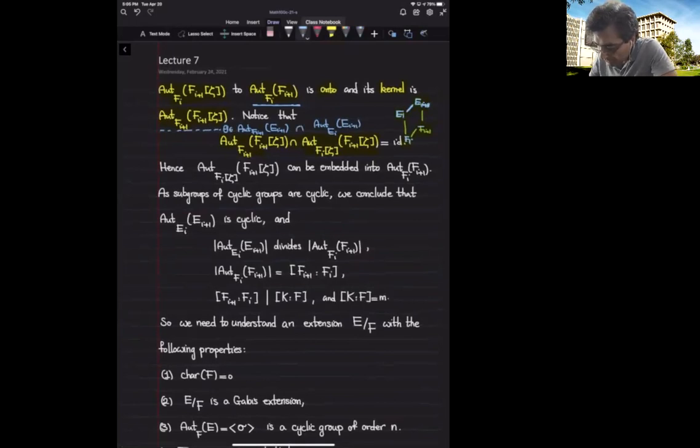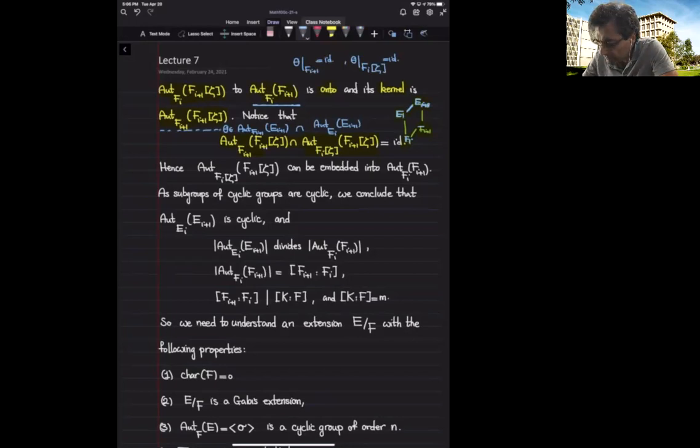It means that when I restrict theta to F_{i+1}, it is identity. And when I restrict theta to F_i(zeta), it is still identity. So it sends zeta to itself, and its restriction to F_{i+1} is identity.